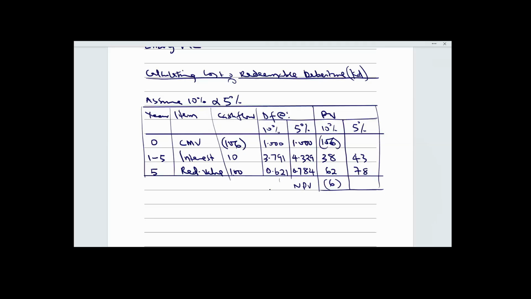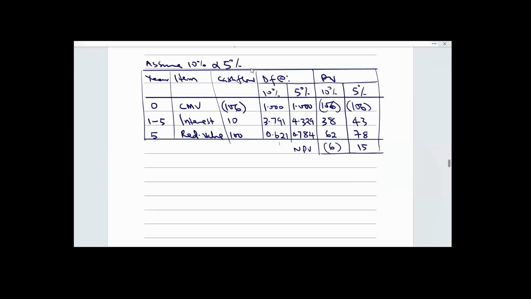Then 1 multiplied by 106 will give us 106. 43 plus 78, that's 121. 121 minus 106, that should be 15. Am I correct? You are correct.